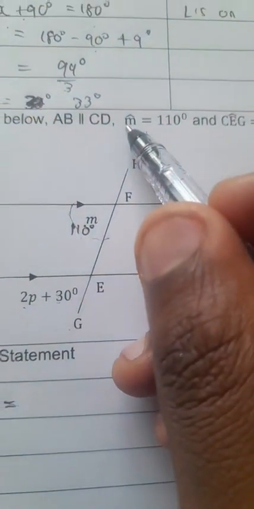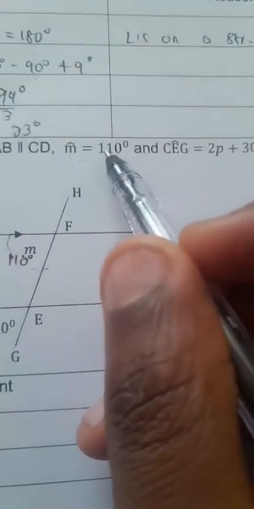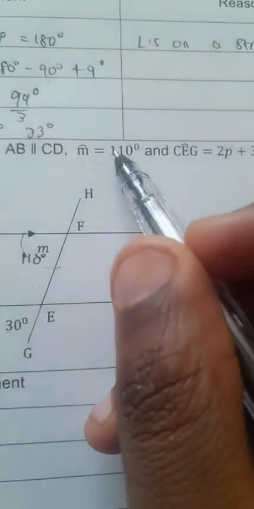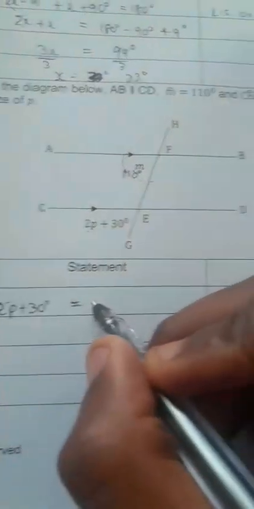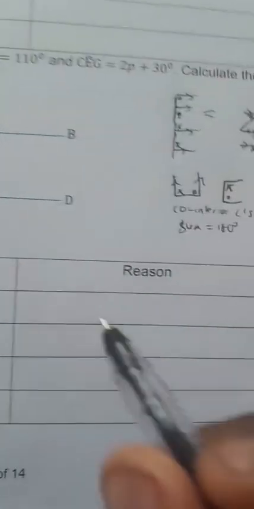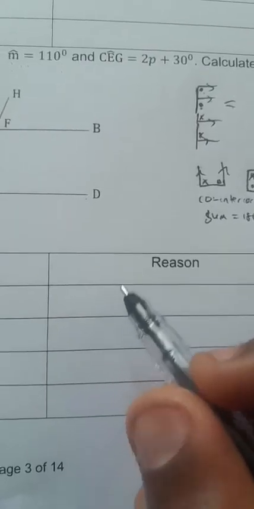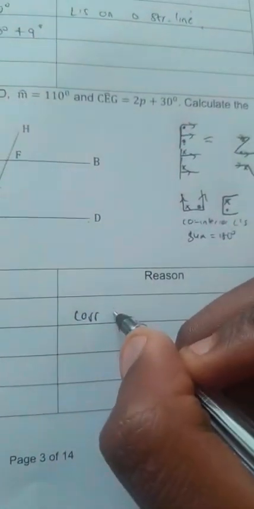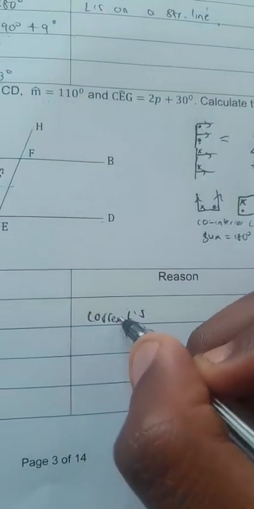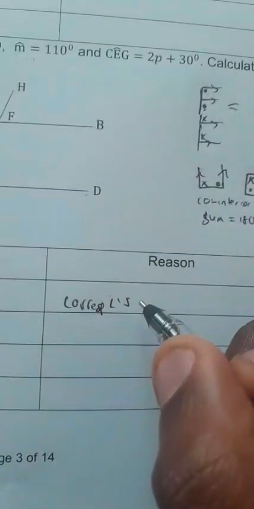We would say angle M if we didn't know what angle M is, but we have been told that angle M is equal to 110 degrees, and we got that from the statement. So we say 2p plus 30 degrees is equal to 110 degrees, and remember we need to write our reason. So our reason is corresponding angles. We can say corresponding angles, or we can say corr angles. That's fine.